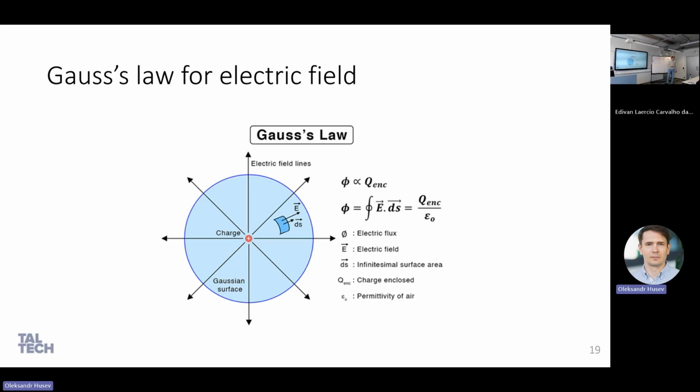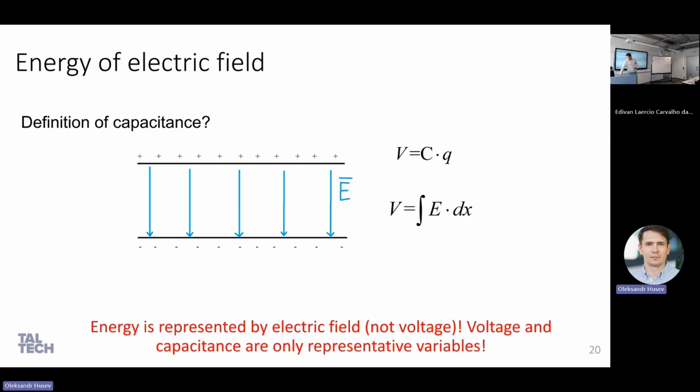But what you have to use this for is the electric field definition, at least to understand where the electric field will be present and where it will be compensated. And we will talk about this later. This is also an example, the definition of a capacitor.